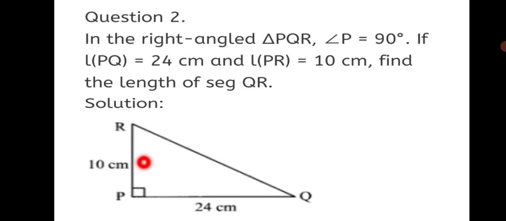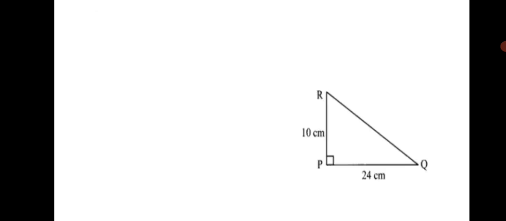Now we can see that the hypotenuse, which is opposite to angle P, is RQ, or say QR. It means we have to find the hypotenuse here. So let's use the Pythagoras theorem.